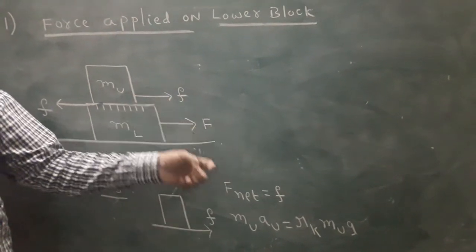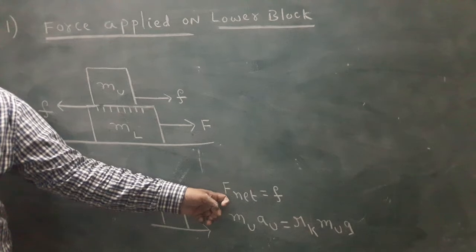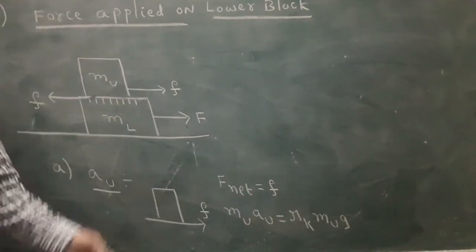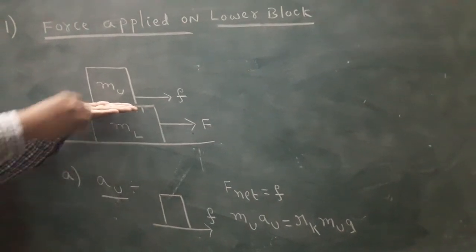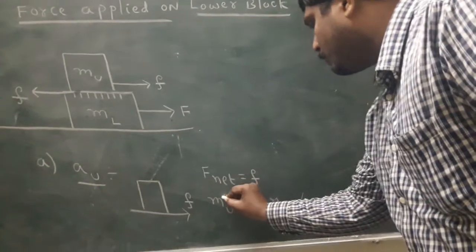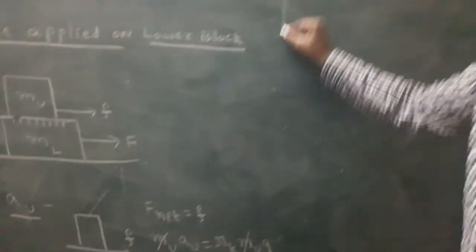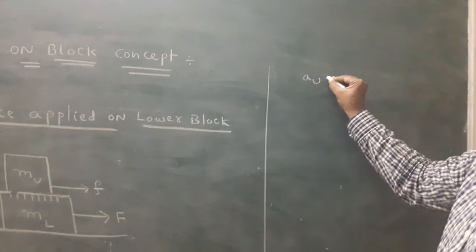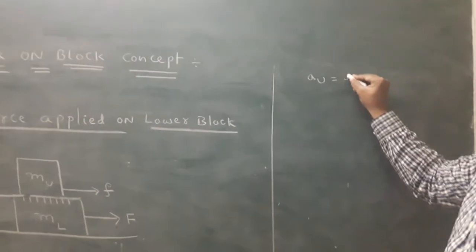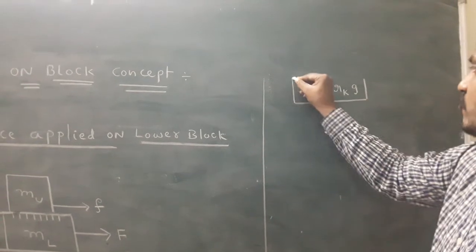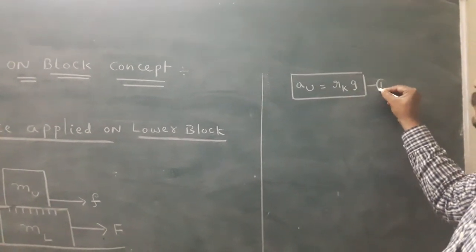Here, F net equal to F. Newton's second law, F equal to ma. Frictional force, mu into N. Above the weight is taken. Here, mu cancels. Finally, we get acceleration of the upper block is mu k into g. Equation number 1. Very important formula.